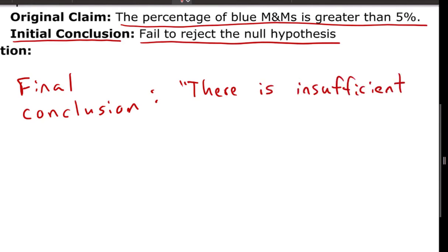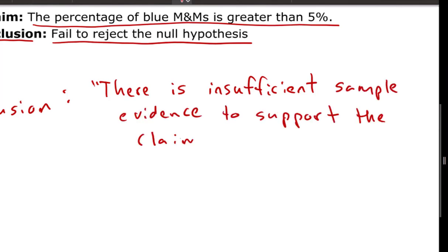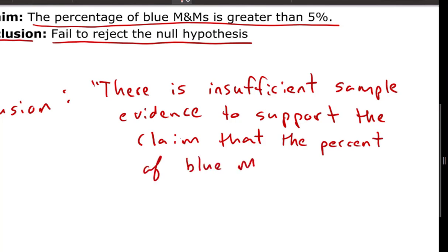Sometimes the homework will have that actually, but there is insufficient or there is not sufficient sample evidence to support the claim that, and then you just write down their claim that was in the problem that you're trying to test. So in this case, that the percent of blue M&Ms is greater than 5%.